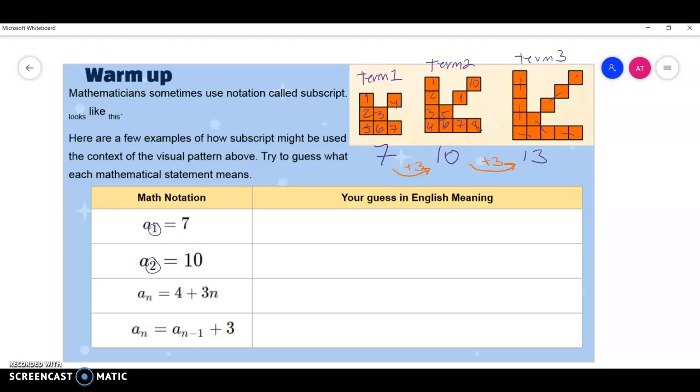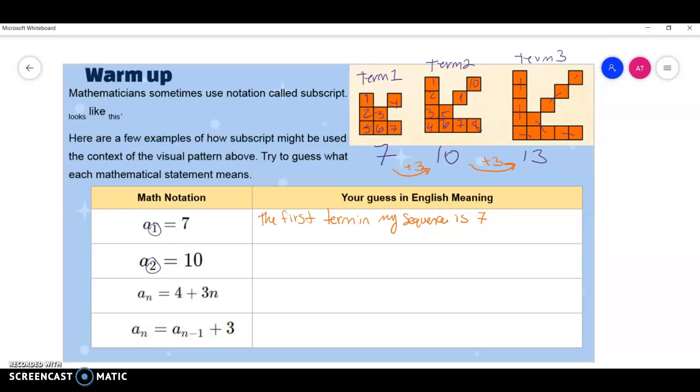So this A sub 1 is equal to 7. If I was going to write this in words, I would write something like this. The first term in my sequence is 7.